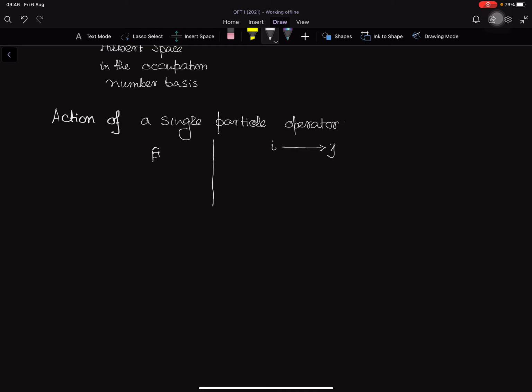In principle there can be a summation over i and j, but we are ignoring that aspect for the moment.